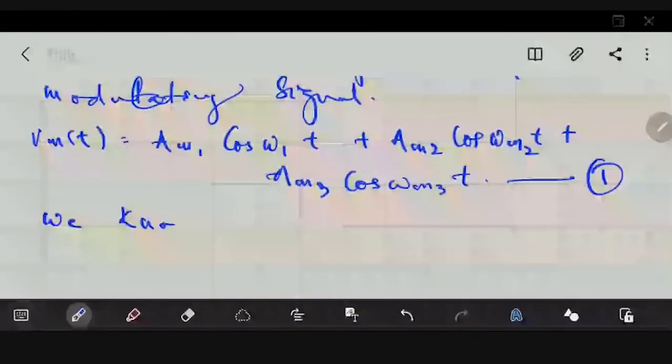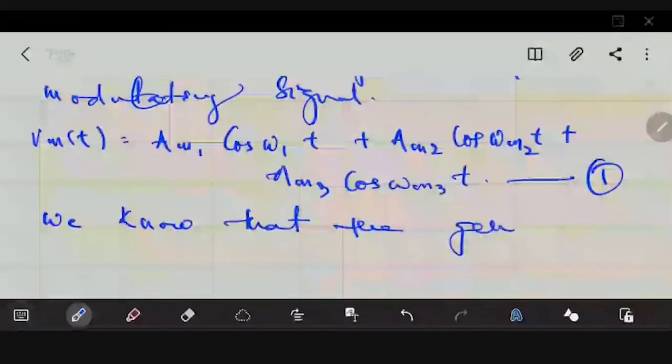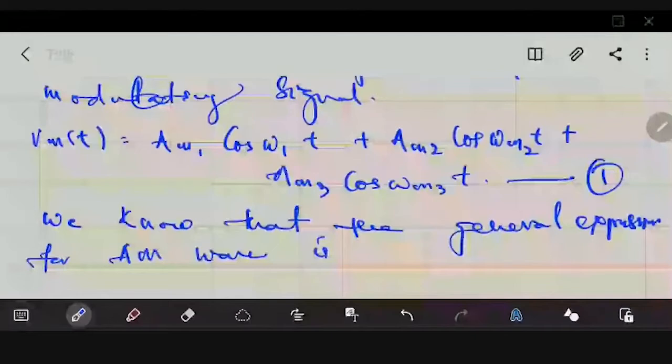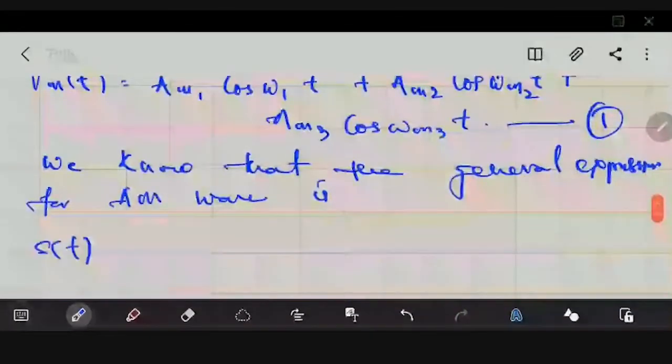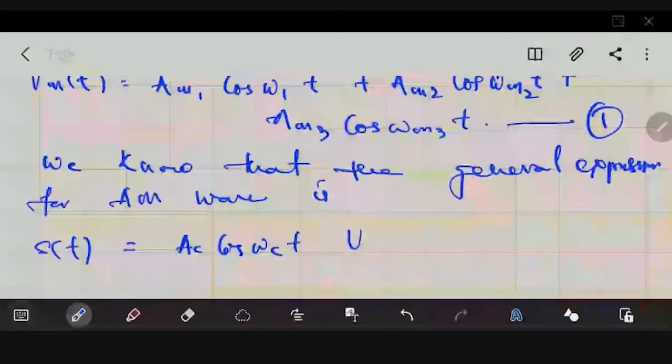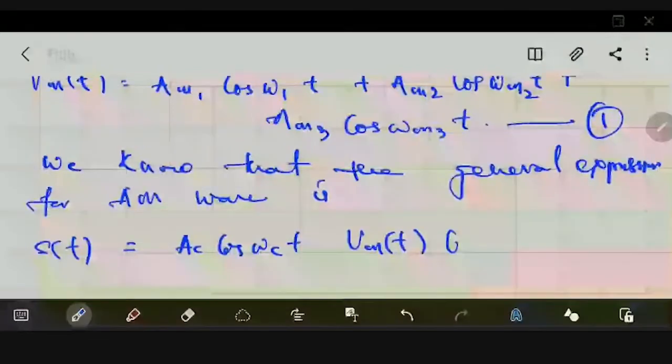We know that the general expression for your AM wave, S of t, is equal to, as we multiply these two signals, A_c cos omega_c t, then V_m of t cos omega_c t, this plus.